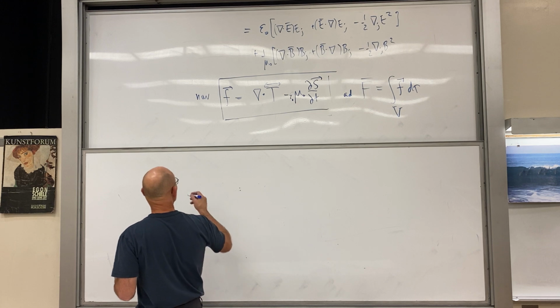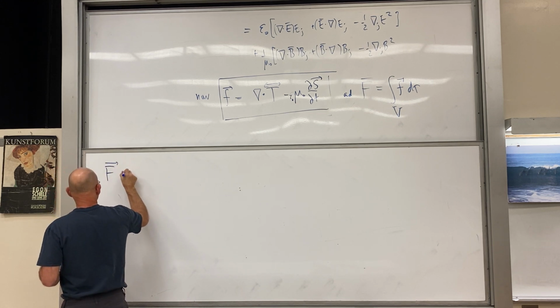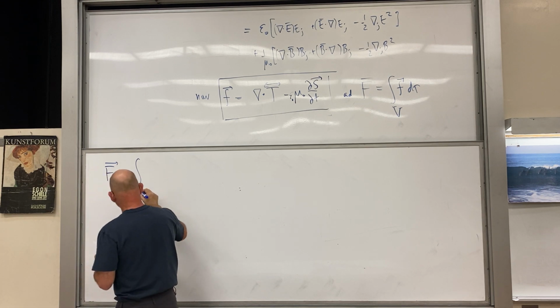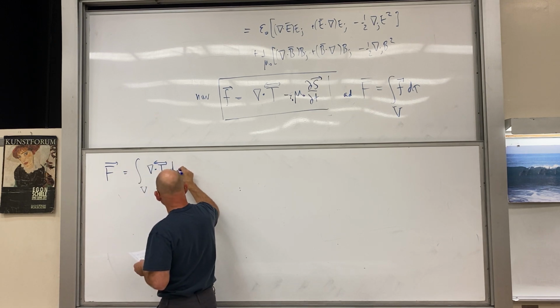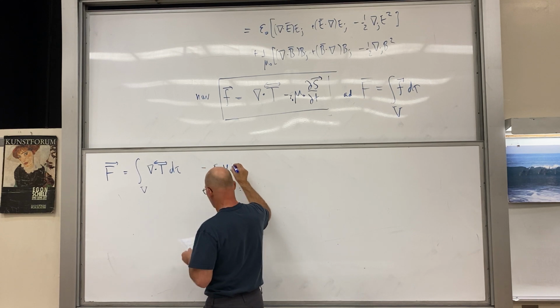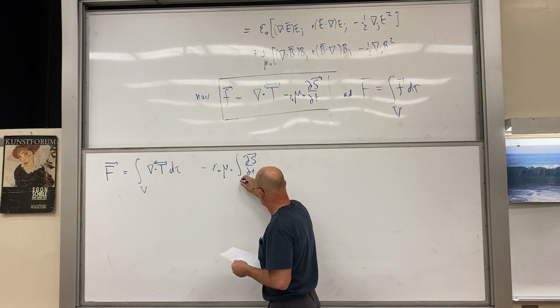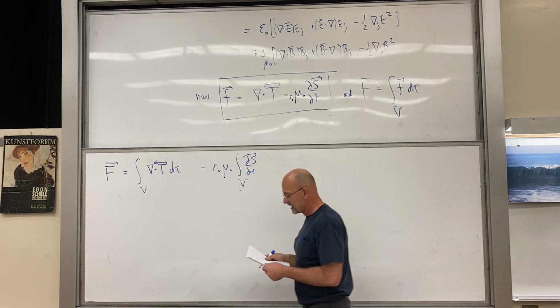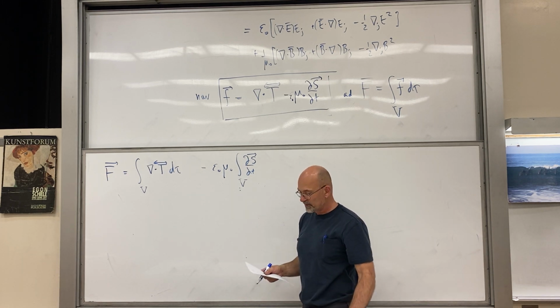Yeah, we're going to write both of them down. So first of all, we'll put them both under the volume integral. So now we have the divergence of the stress tensor d volume minus epsilon naught mu naught ds dt, Poynting vector, over a volume. Now what we're going to do is the first one here, we're going to do Gauss's integral theorem.